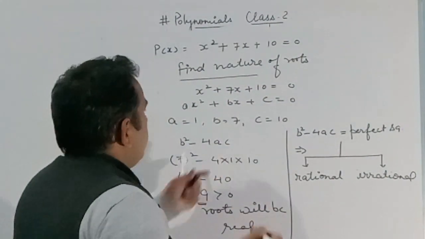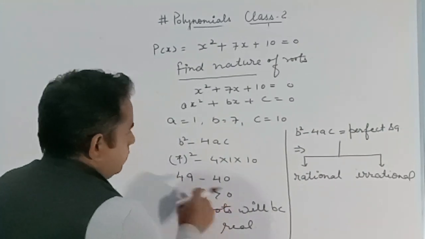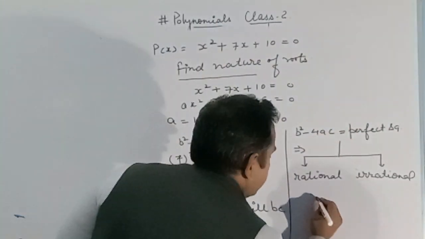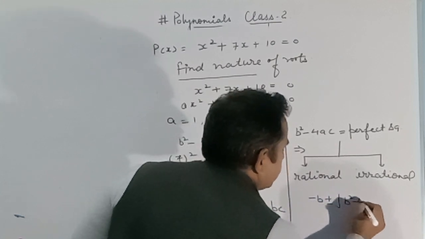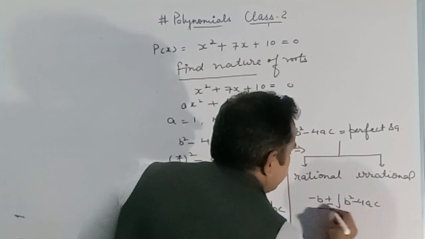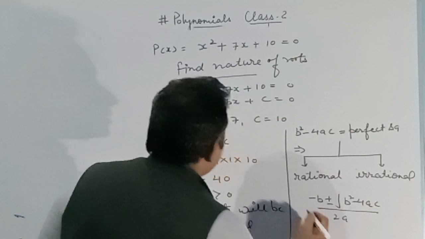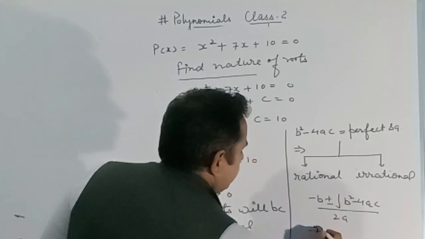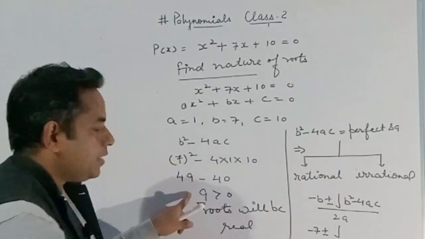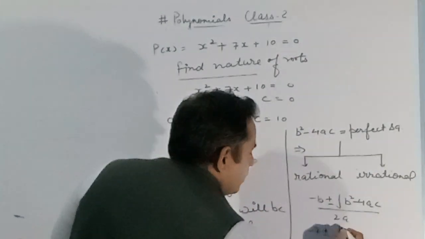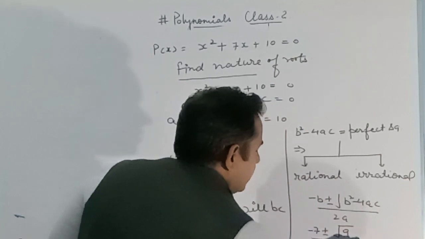How? See, as we have minus b plus minus under root b square minus 4ac, upon 2a. When we replace it, minus 7 plus minus under root of 9, upon 2 into 1.